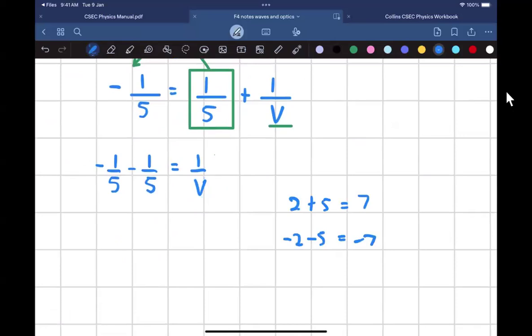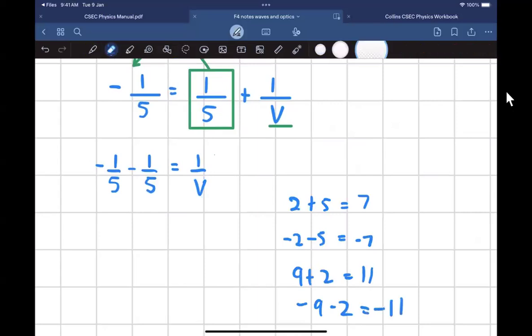Anytime you have two negatives and you're subtracting, not multiplying or dividing, you add like normal and just put back the negative sign. Simple. What's 9 plus 2? 11. What's minus 9 minus 2? Minus 11. Right.